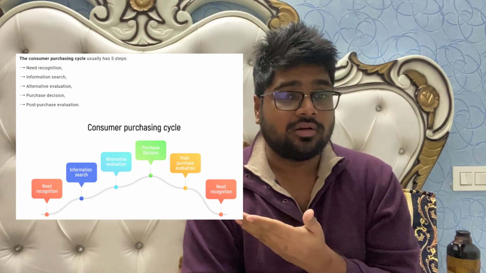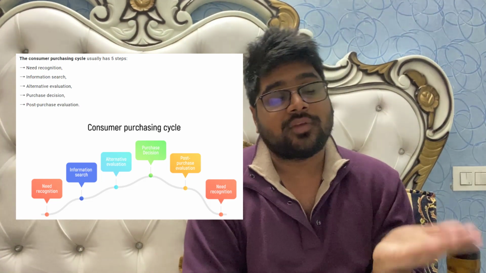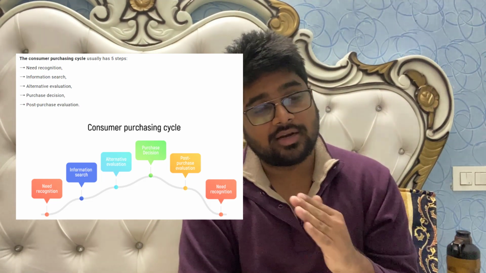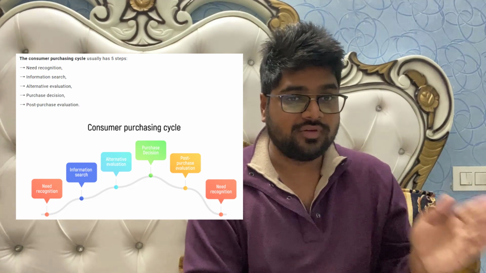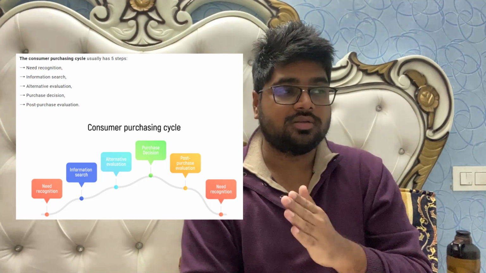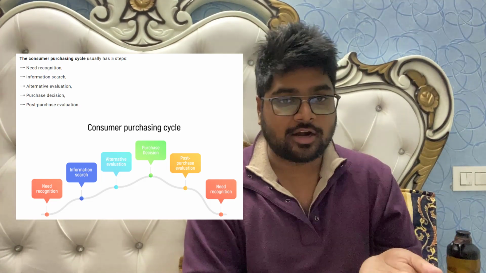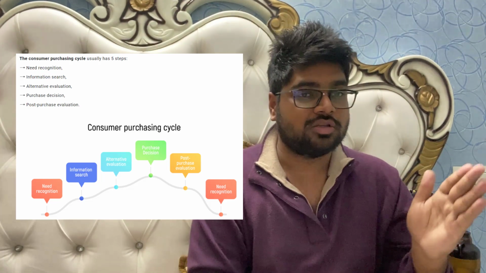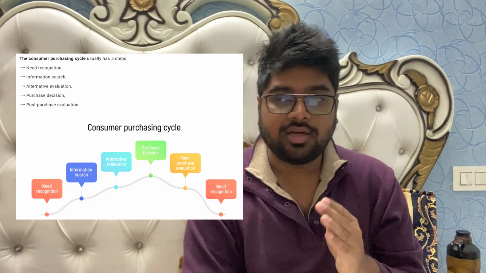That is all their way of collecting information about the product. Evaluation of alternatives. Once they have collected that information, they will see that, okay, I need these features. What are the products in the market from different, competing brands that are offering that to me? Now they will evaluate the alternatives between them so that they can choose the best one.